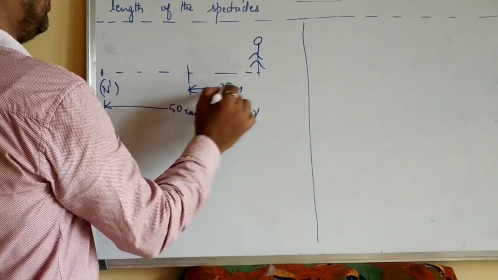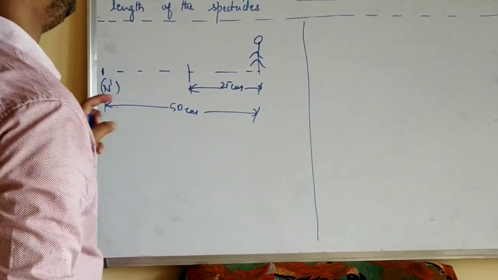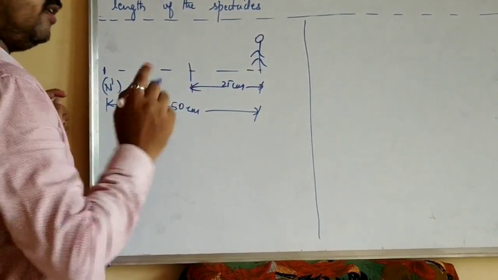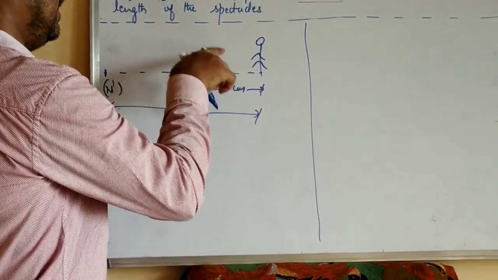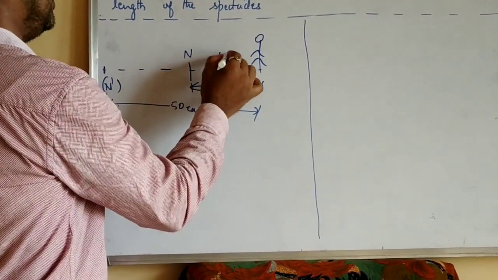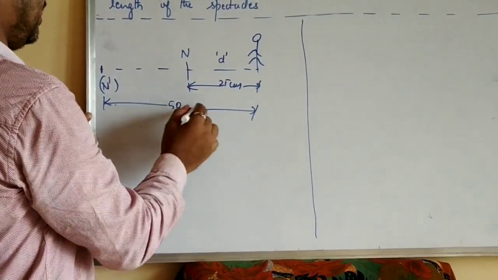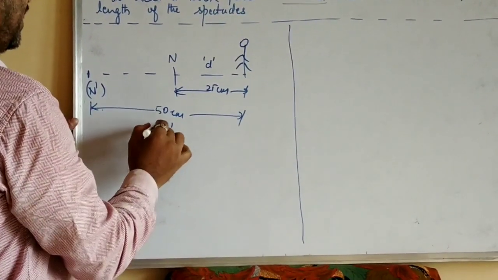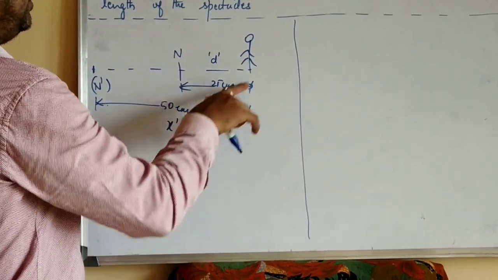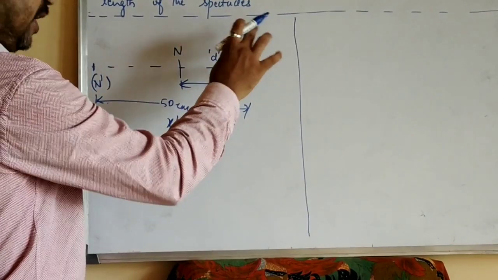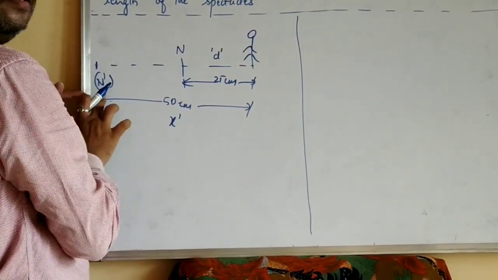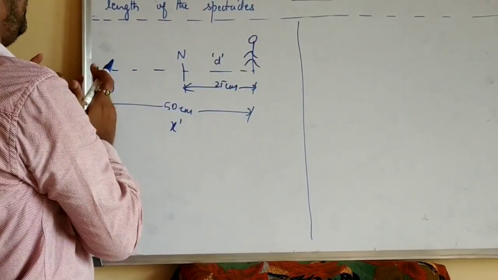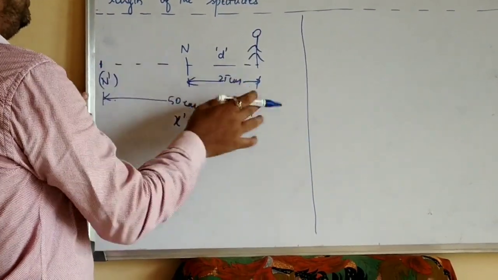So he wants to read the book which is placed at 25 centimeters. That 25 centimeters is nothing but N. For a normal eye, the least distance of distinct vision, that is d, is 25 centimeters. This 50 centimeters is x dash, from the defective eye lens till the N dash, from where it is actually getting the view at N dash.